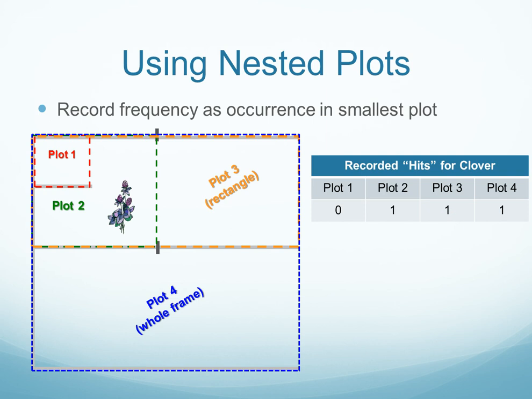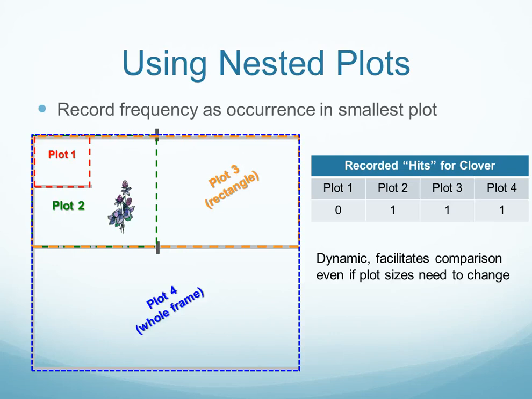So we have one hit on clover in plot 3. And the same is true for plot 4. Plot 2 is included in plot 4, and so we have one hit on clover in plot 4. This is a dynamic approach that facilitates comparison even if the plot sizes need to change.